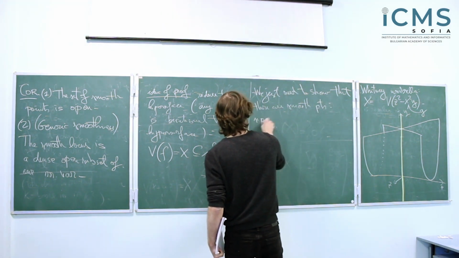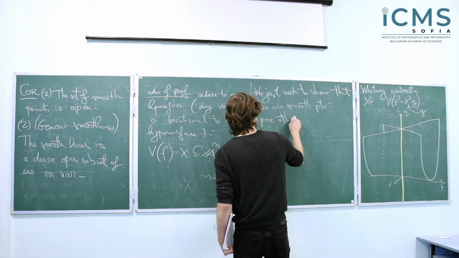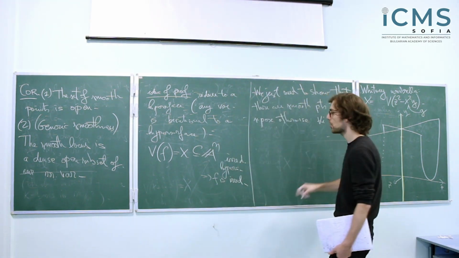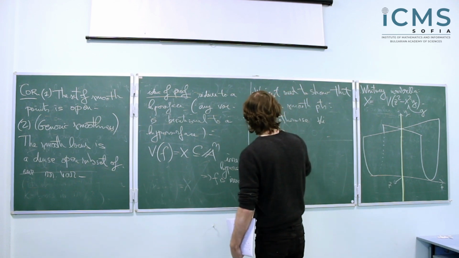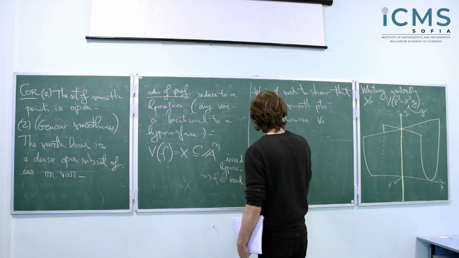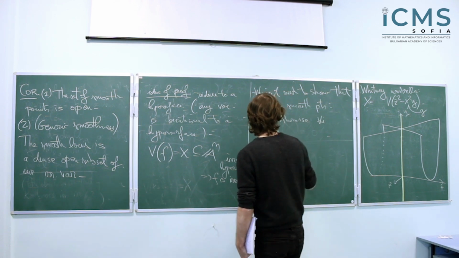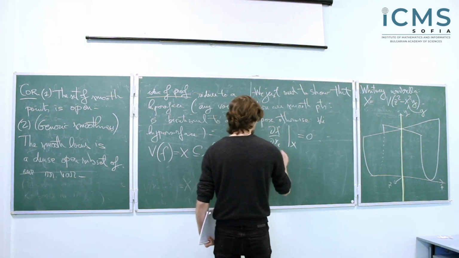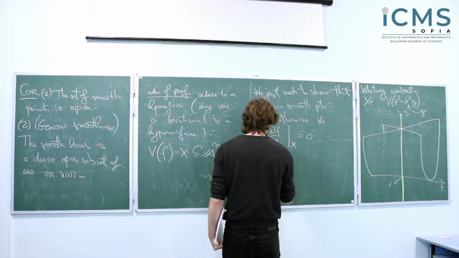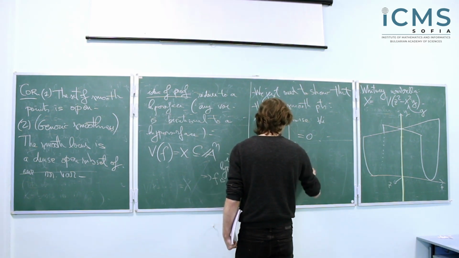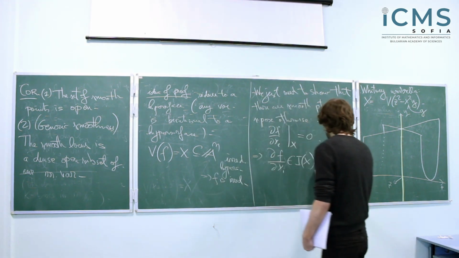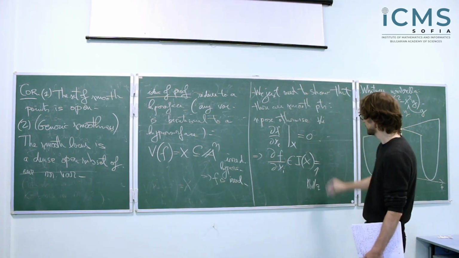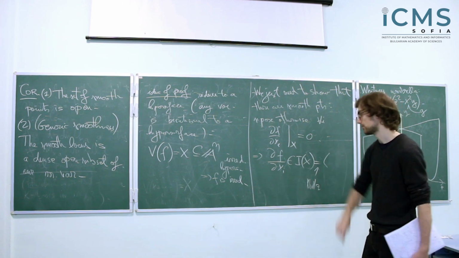Suppose otherwise. So that means that for all of the variables, df/dxi restricted to X is 0. So what does that mean? That means that df/dxi belongs to I(X), and this, by the Nullstellensatz, is equal to f, right?